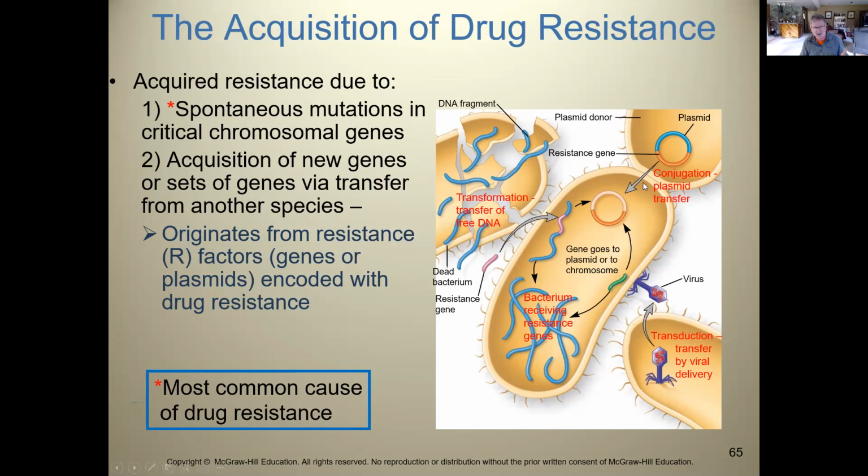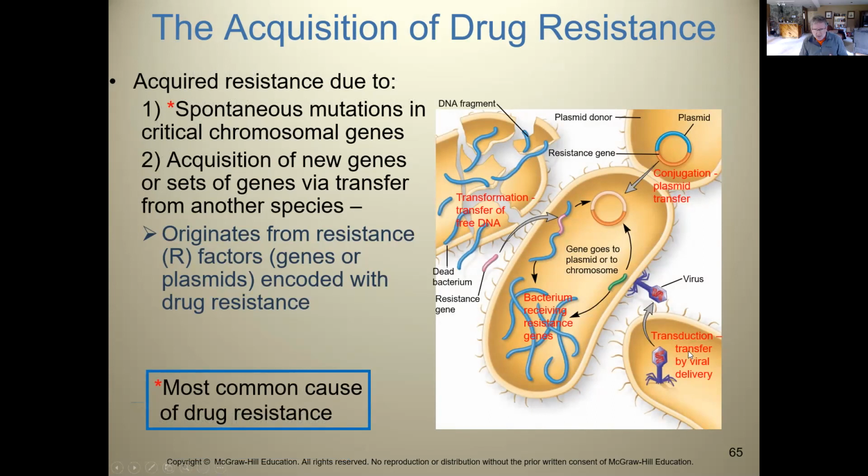So we're assuming that conjugation pilus has already been formed. Here we're transferring drug resistance plasmids across the sex pilus. And so this cell that had that plasmid presumably was drug resistant. This cell initially was not, but now it acquires that R factor plasmid and can negate the action of the drug.